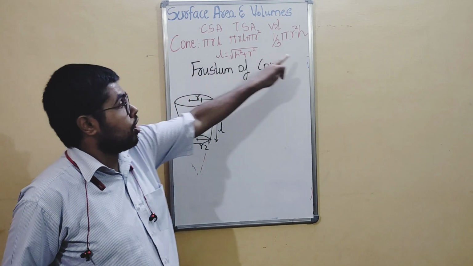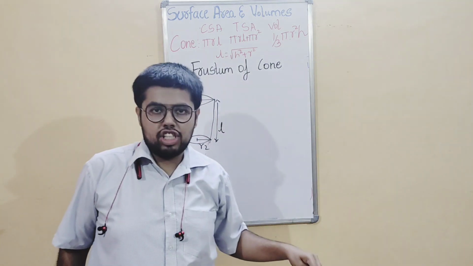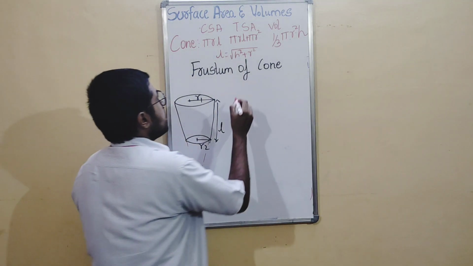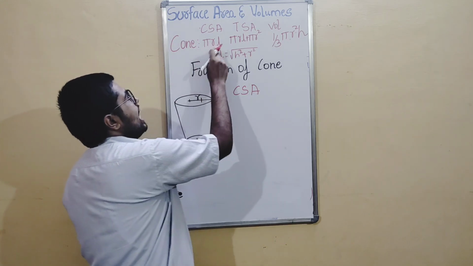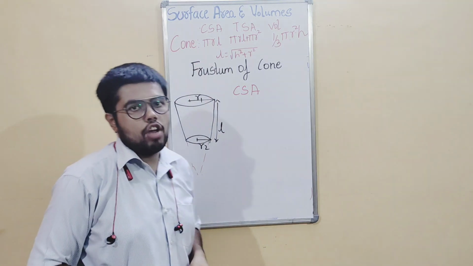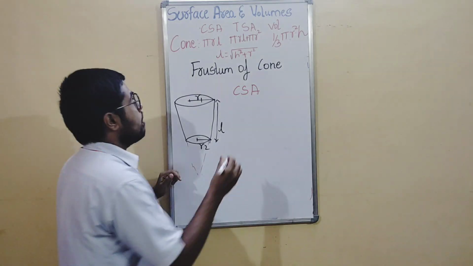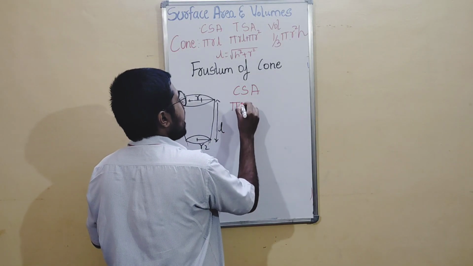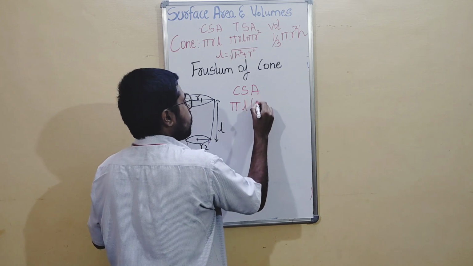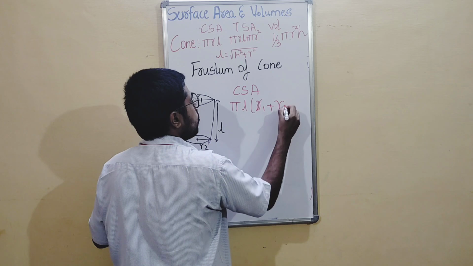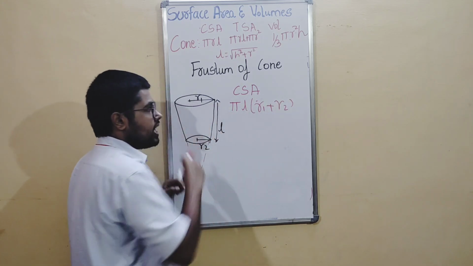I have written the cone formula here. By knowing the cone formula, we can get the formulas of the frustum of a cone. First, what is the curved surface area of the frustum? We know pi r L is the curved surface area of a cone, but here L is the same, but there are two r's. Therefore, it becomes pi L (r1 plus r2), two different radii.